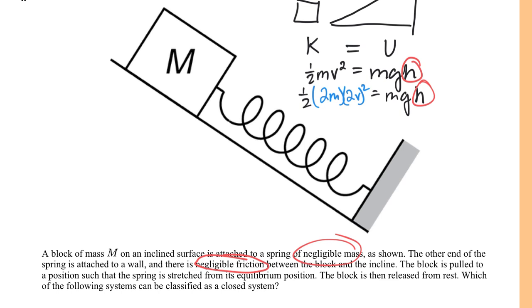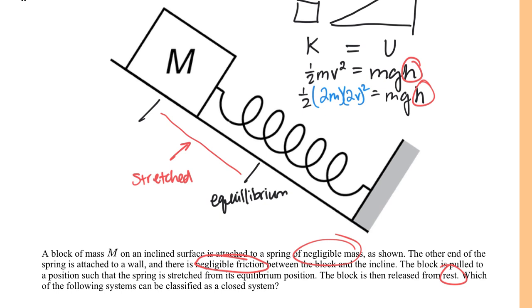The block is pulled to a position and it's stretched from equilibrium. So say this is going to be where equilibrium is. And then it's stretched, so it's going to be stretched. It's released from rest.